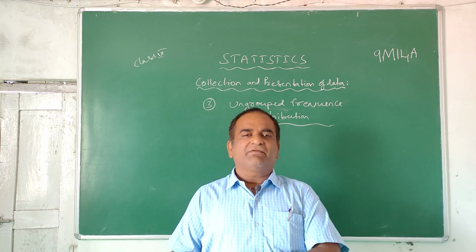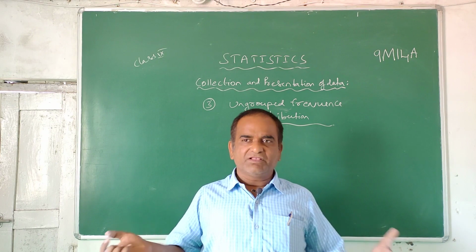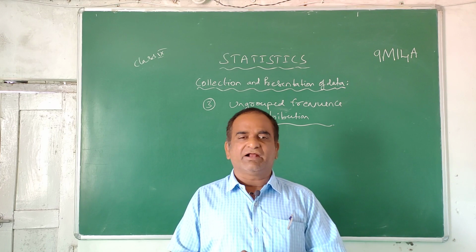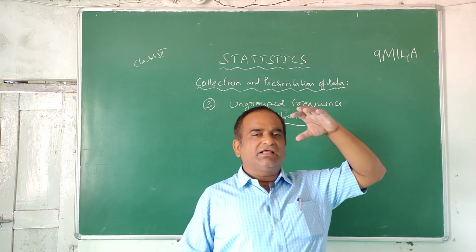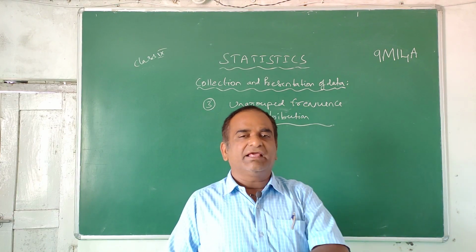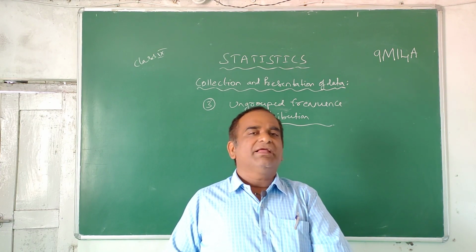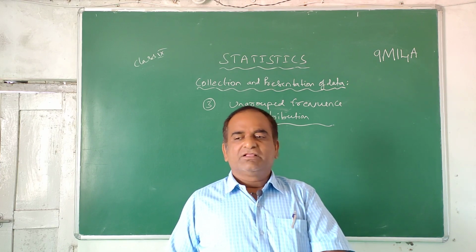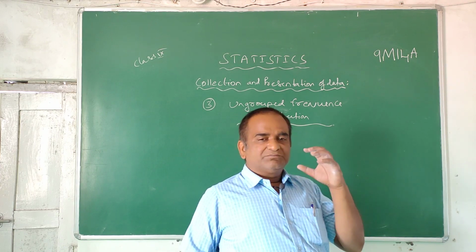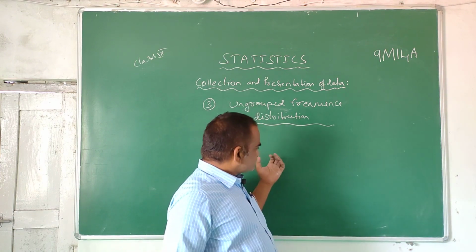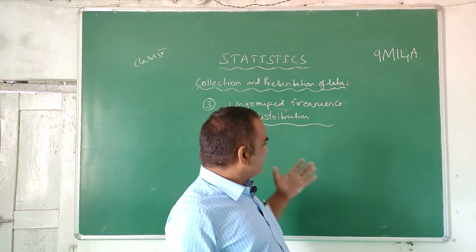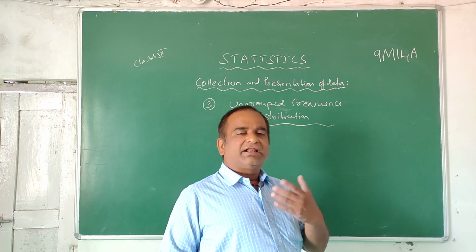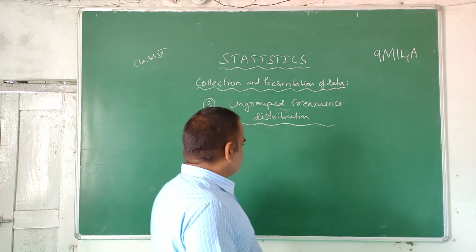If the number of observations in the raw data is large, then putting that large amount of data in ascending or descending order will be a time consuming and tiresome job. So they will prepare a frequency distribution for that raw data which is observed.